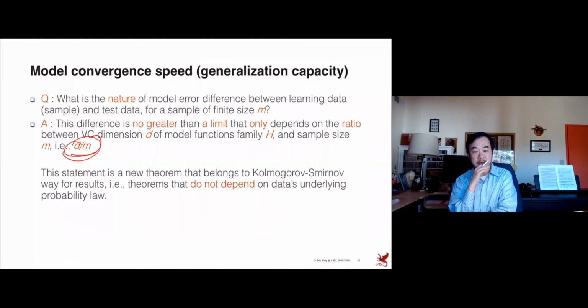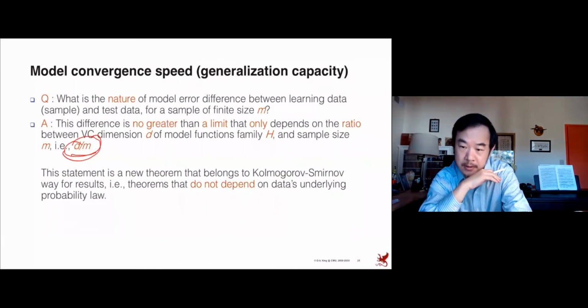But the learning rate is a more pragmatic matter. It means how fast your error can drop as a function of the VC dimension and also the sample complexity. One is about the existence of attainability. The other is how fast you're going to attain that.